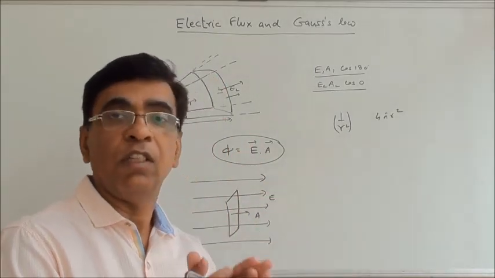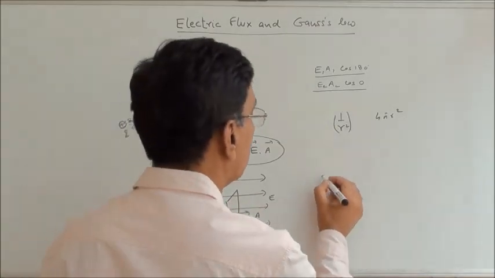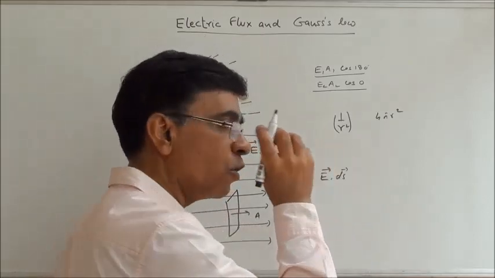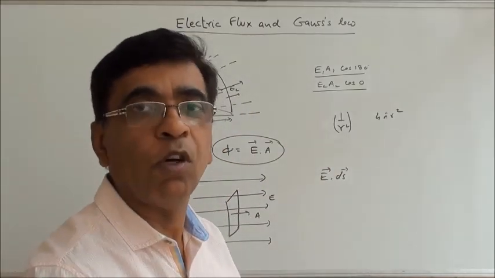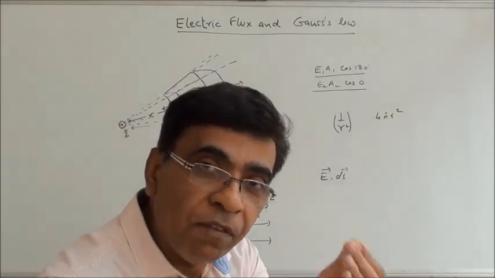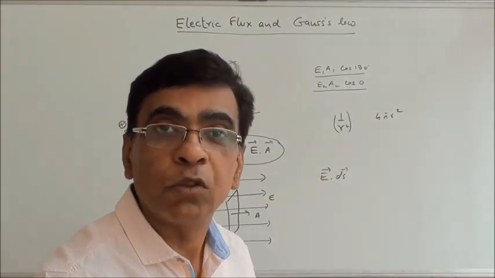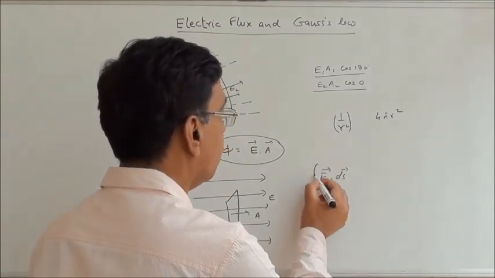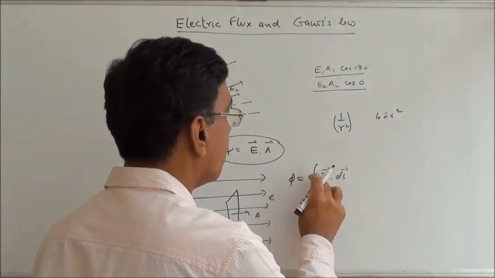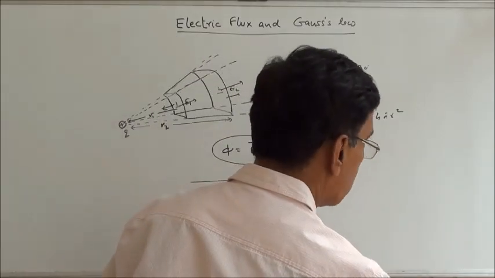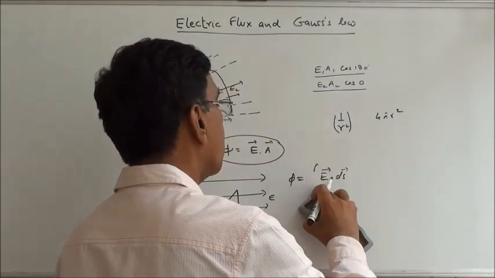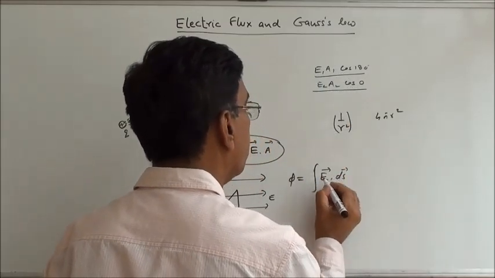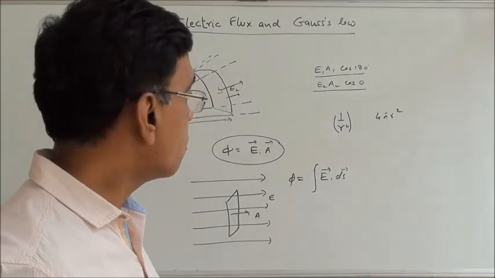Now if the electric field is not constant in a given region, then we divide the area into very small parts, so small that for every area electric field may be taken almost constant, and then we calculate E dot ds, and then eventually we integrate it. This is the electric flux for a surface with electric field not constant.